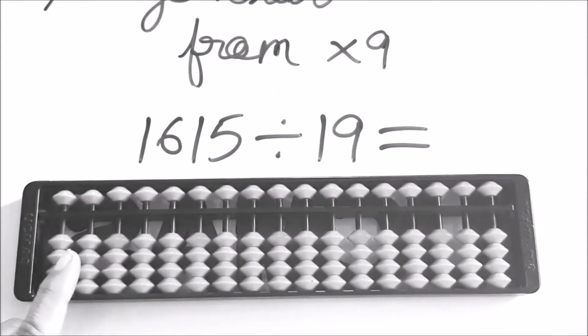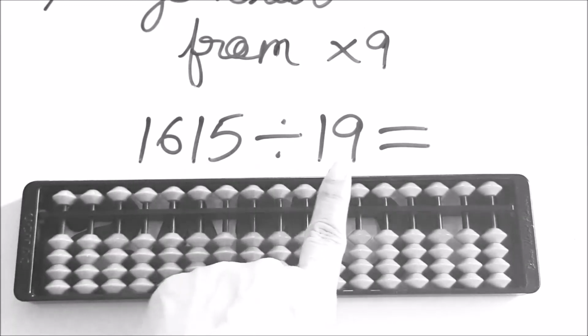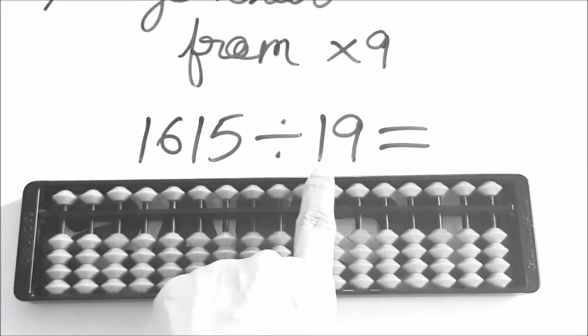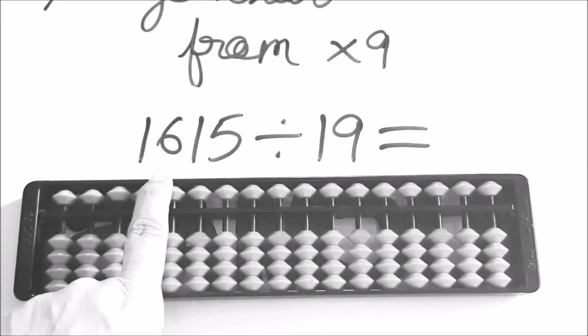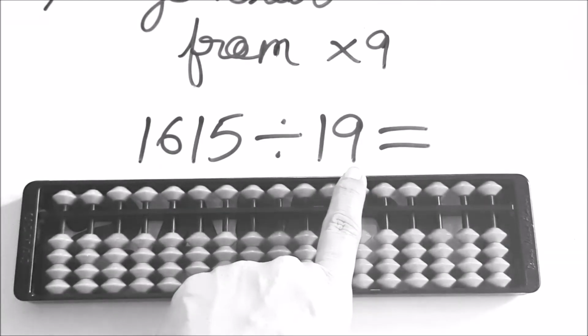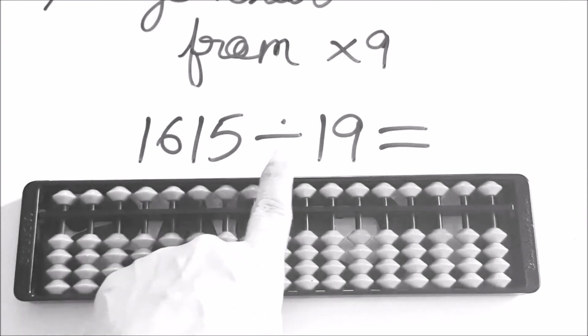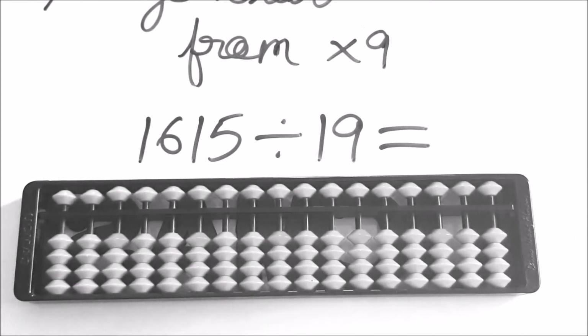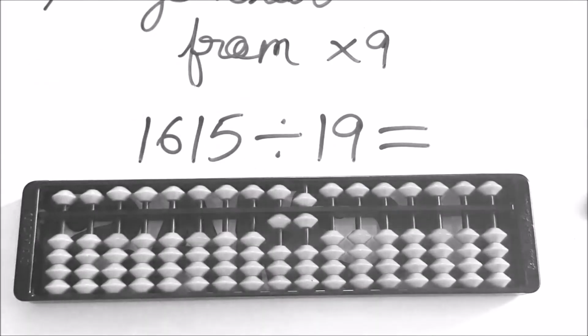We'll take one more example of this type where the first digit of the dividend and the first digit of the divisor are the same, and the second digit of the dividend is smaller than the second digit of the divisor. So first step, 4 minus 3, that is again 1. So we place the dividend from the 1 number rod, that is the units place: 1, 6, 1, 5.